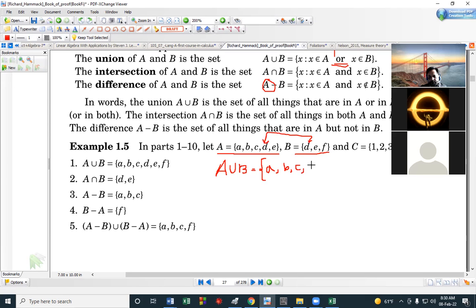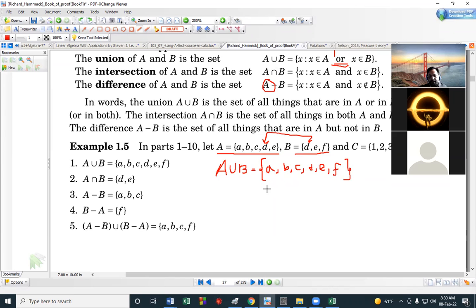So D also goes in A union B. Similarly, E is an element of both these sets. It is also in A union B. F is an element of B, not of A. F is also in A union B.